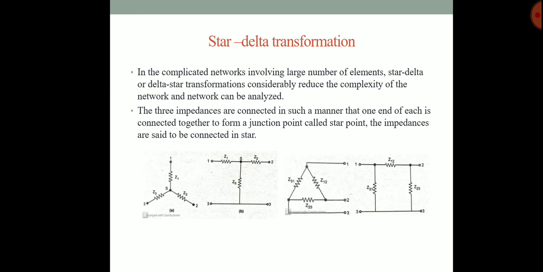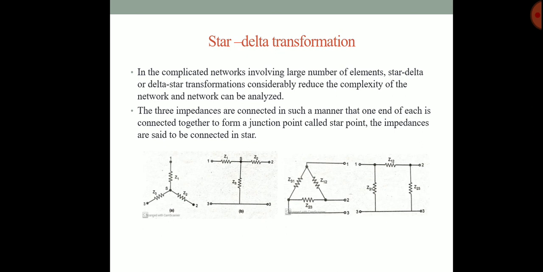These transformations allow us to replace the star connected elements of a network by an equivalent delta connected network without affecting the current in other branches. If three impedances are connected in such a manner that one end of each is connected to form a junction point called the star point, the impedances are said to be connected in star.